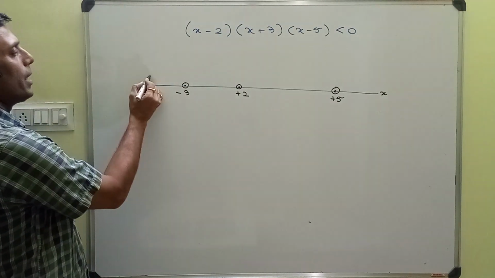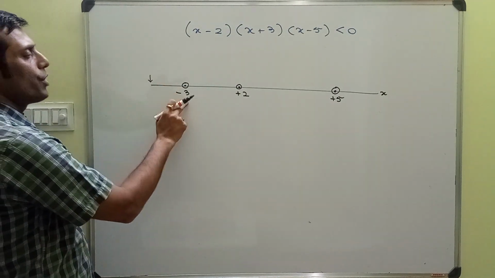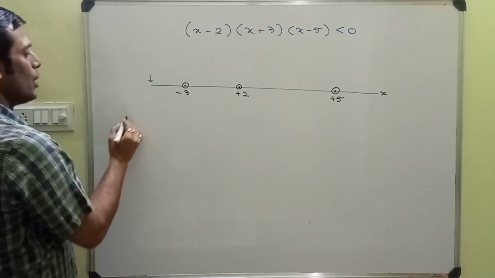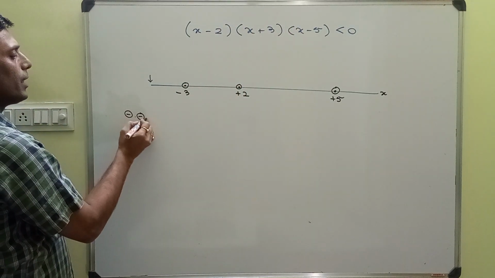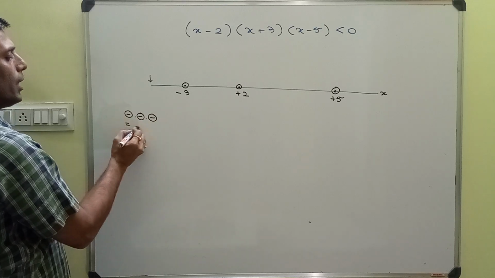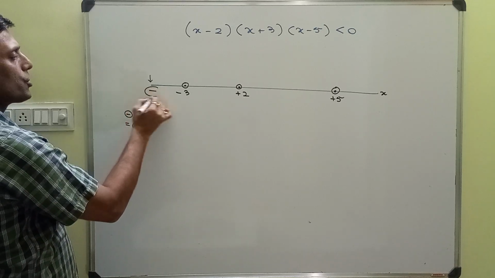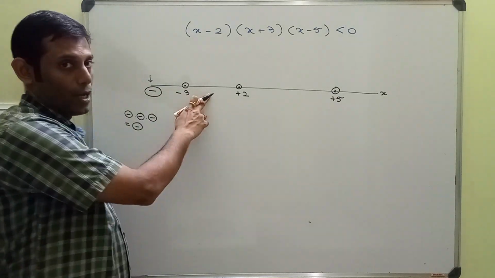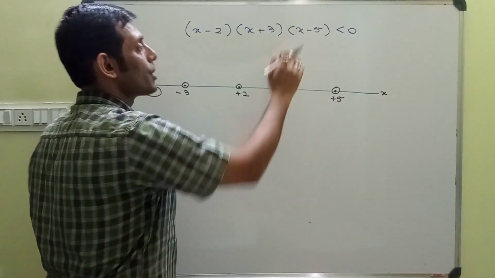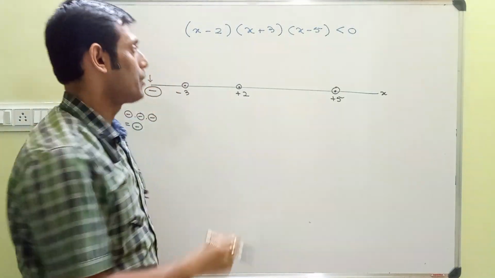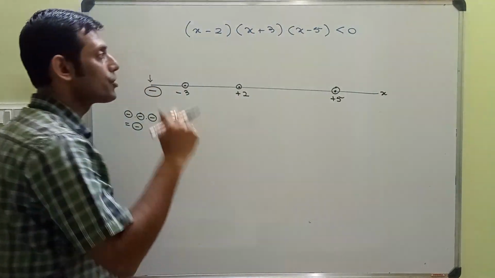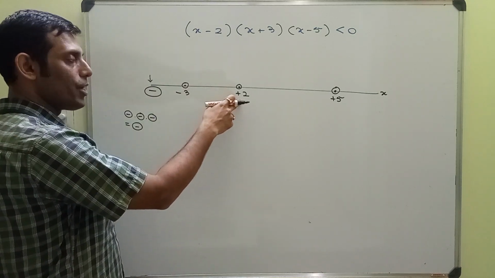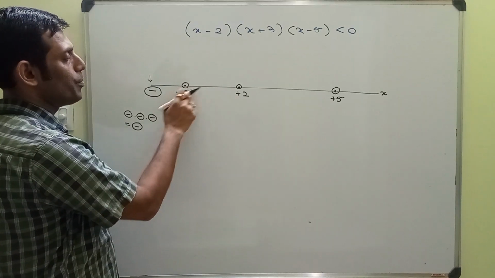Now let's go to the first part. In this case, my x is less than each of the roots. Each of the factors is negative. That means three negative factors produce a negative. That means this side I am negative. When I cross minus 3 as a number, and all the factors exist only once, they are linear factors existing only once. That means minus 3 until 2, in between this, I have crossed minus 3.